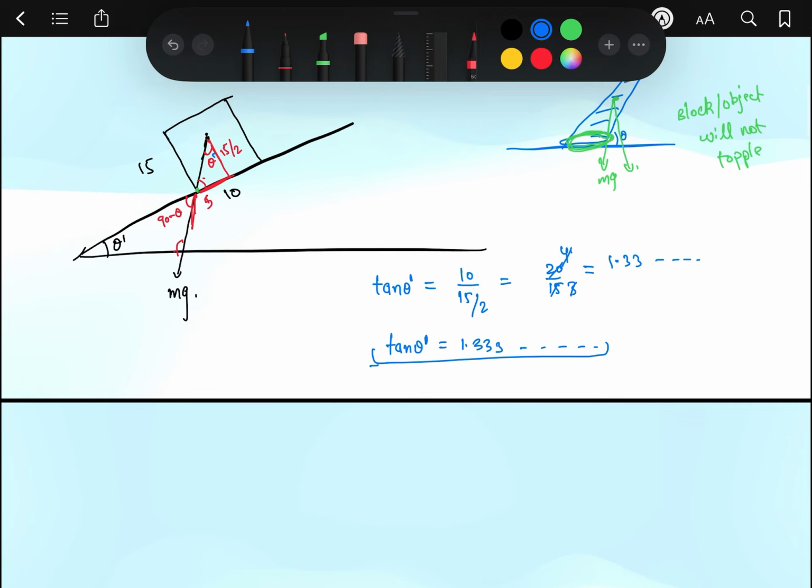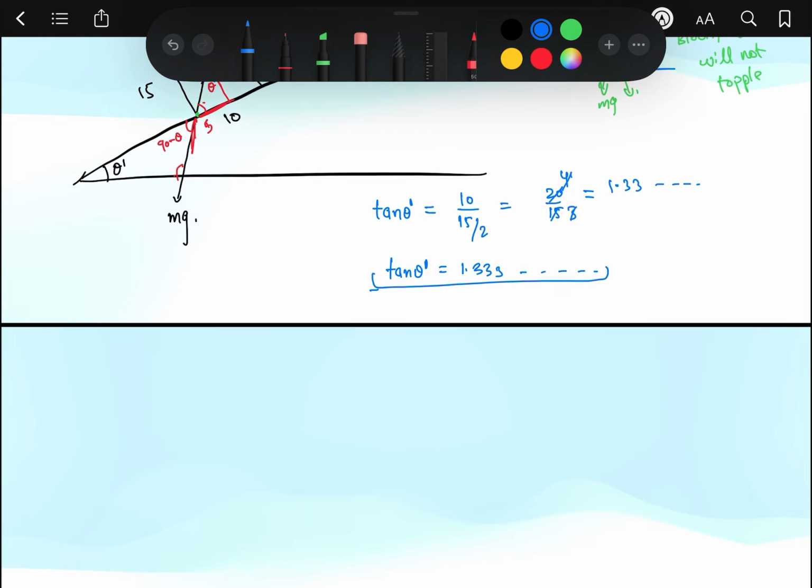And after that theta, this block will slide down, that is, we had already calculated that if tangent theta is greater than or equal to mu, that is root 3, then at that condition this block will start sliding down.